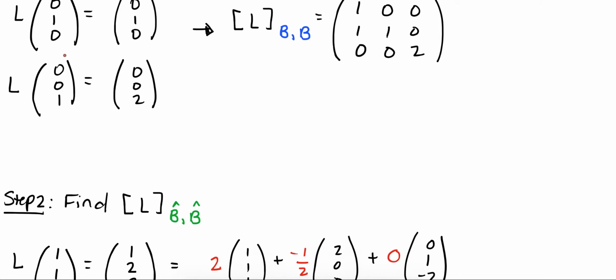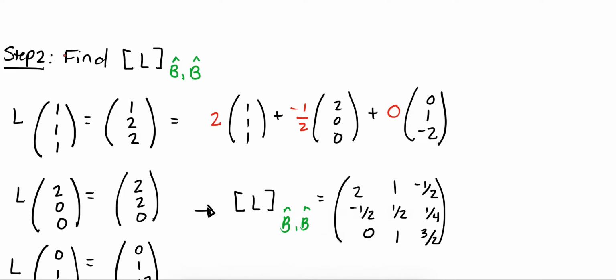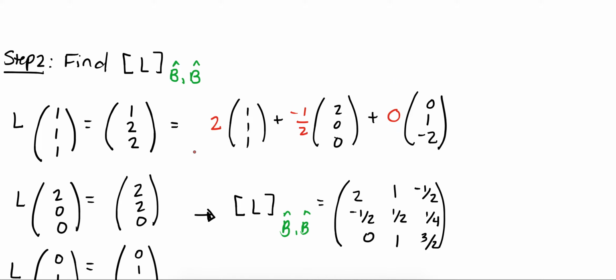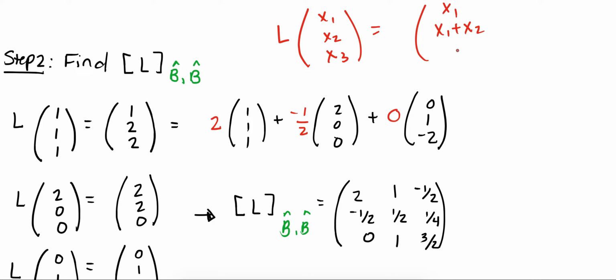Now I'm going to do the same thing. I'm going to take the other basis, (1, 1, 1), (2, 0, 0), (0, 1, -1), and I'm going to plug it into the linear transformation. Okay, I believe that the linear transformation was x1, x1 plus x2, and 2 times x3.